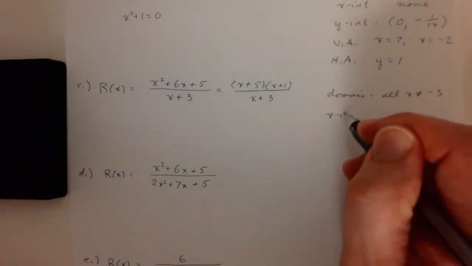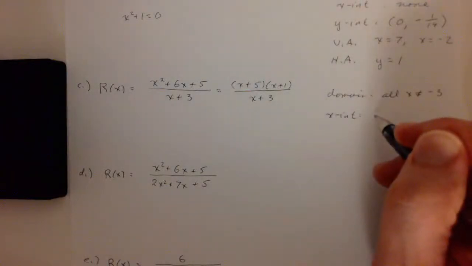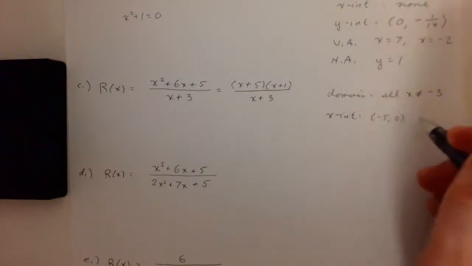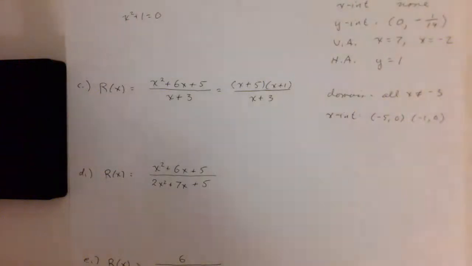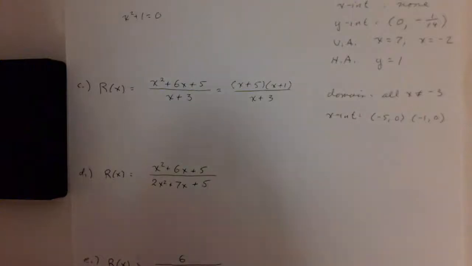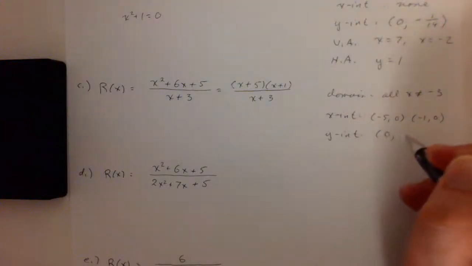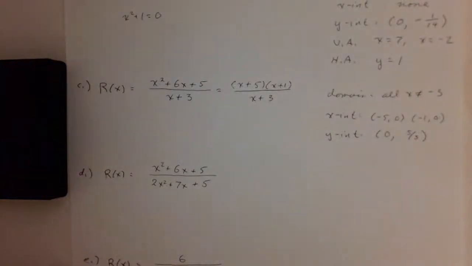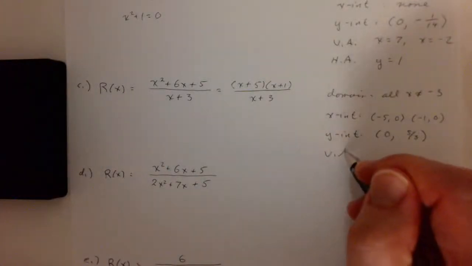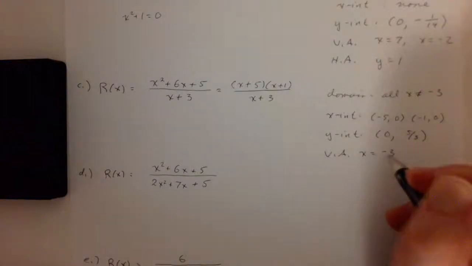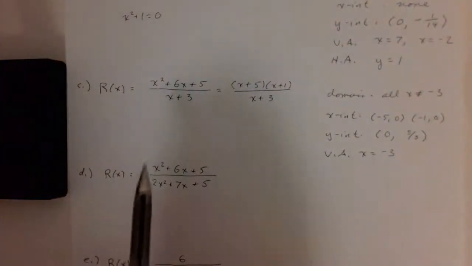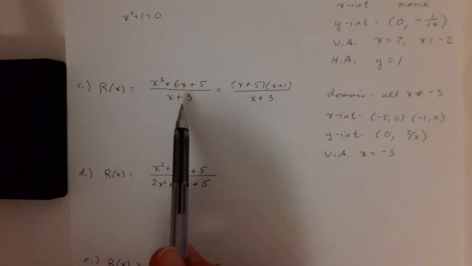So the x-intercepts will be there. For the y-intercept, if we plug in x equals 0, we get 5/3. Vertical asymptote at x equals -3. And because the degree of the top is bigger than the degree of the bottom, there are no horizontal asymptotes.